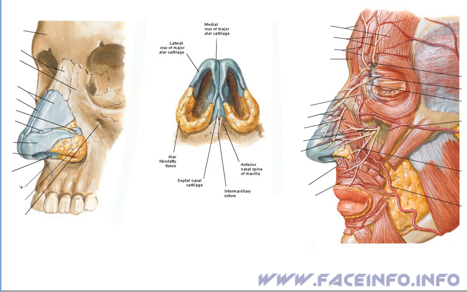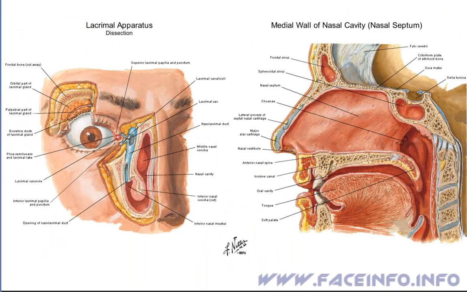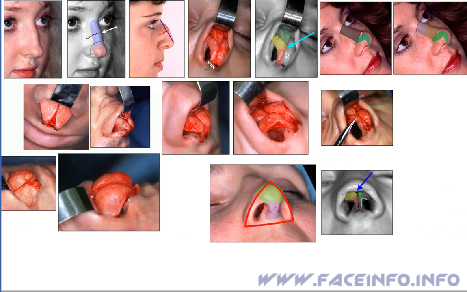The cartilages are interconnected by fibrous tissue and covered by the skin from the outside and the inside, and there is some fat tissue under the skin. So the cartilages are supported and moved by the nose muscles. The greater nasal cartilages, or lower nasal cartilages, are thin and C-shaped.